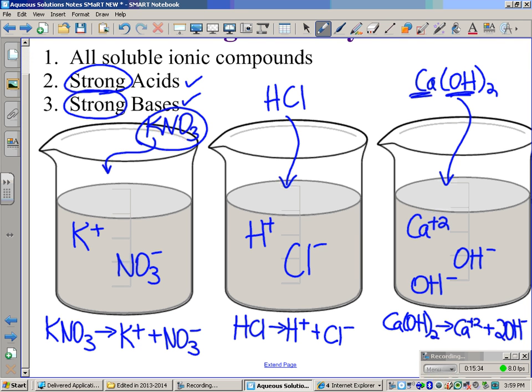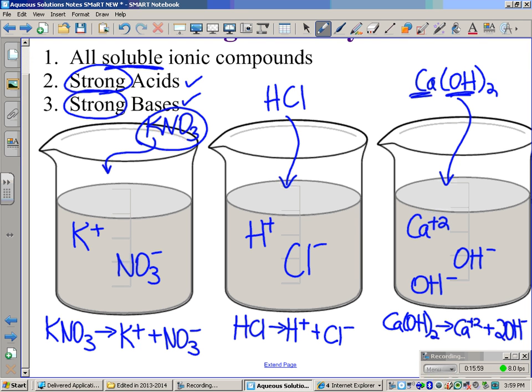This equation writing that's below the beakers here, super, super important. So strong electrolytes completely break up into their ions. That's why they conduct electricity so well. And the things that are considered strong electrolytes is any soluble ionic compound. So if your solute's ionic and it's soluble, we'll talk about how to decide if it's soluble later.